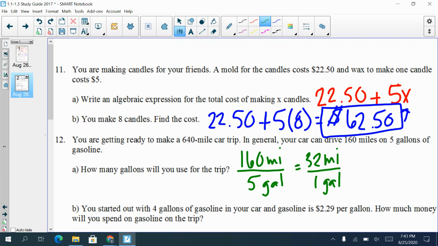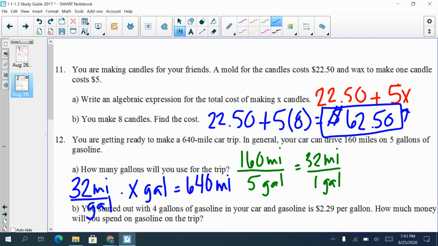Okay. So what we're going to do now is take the 32 miles per gallon, times how many gallons will get me 640 miles.